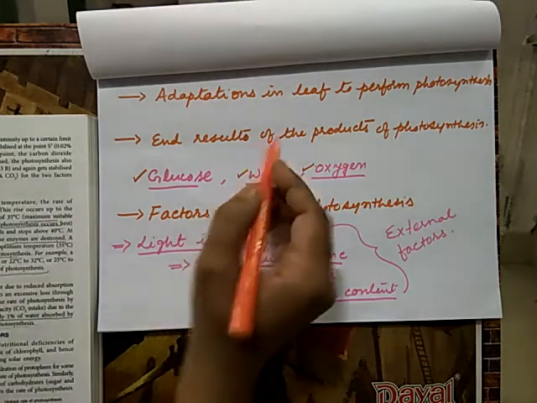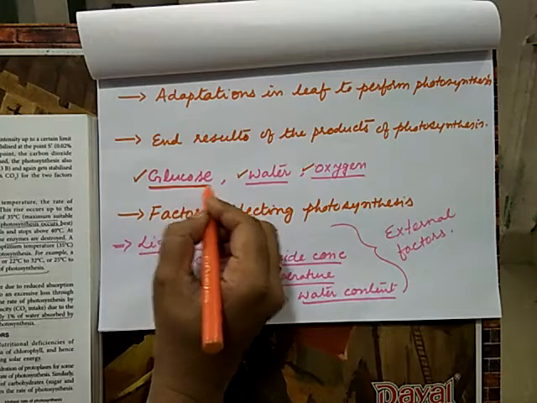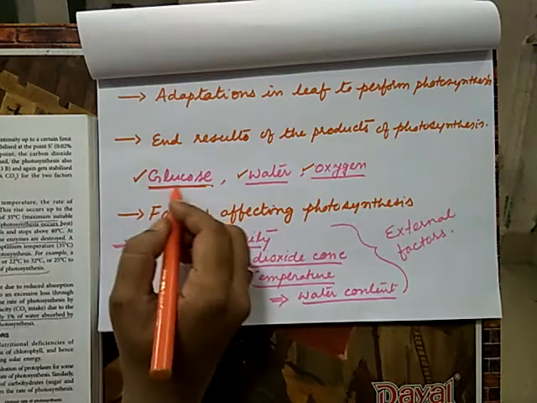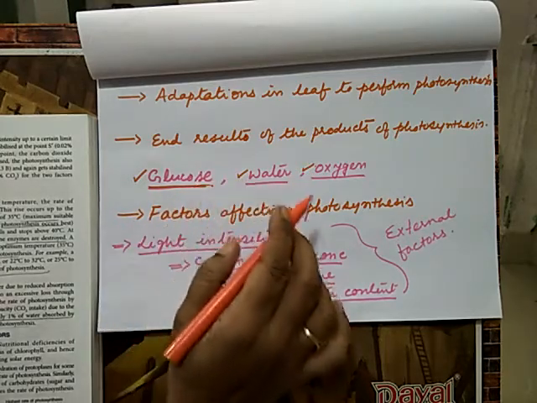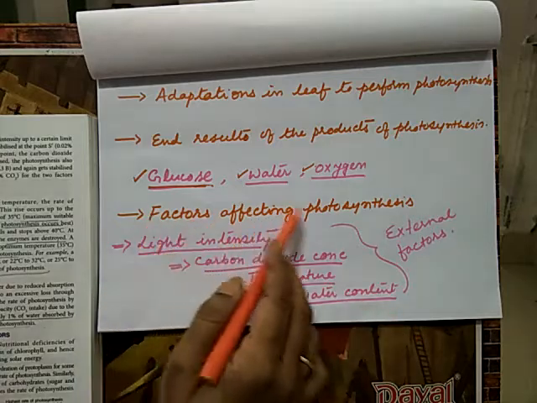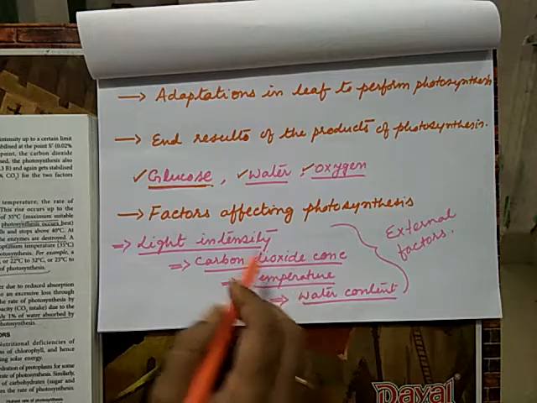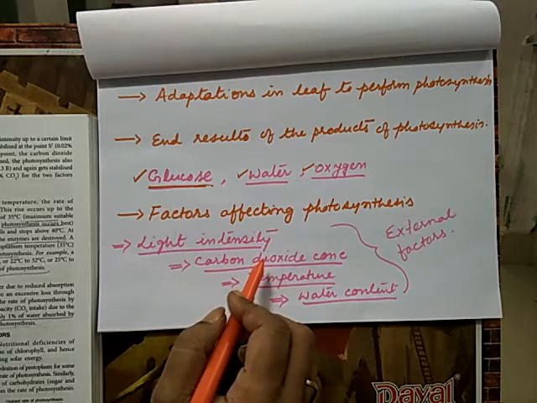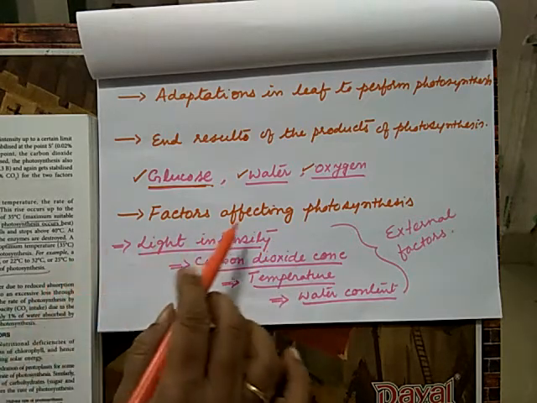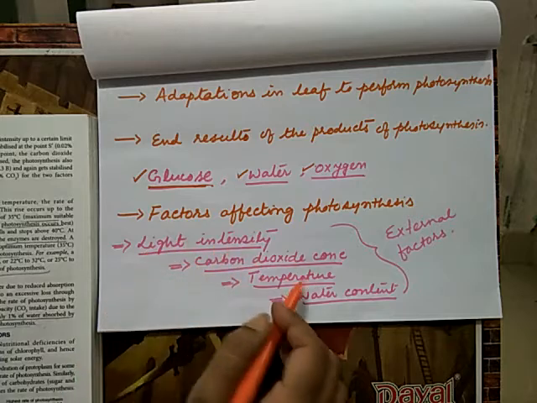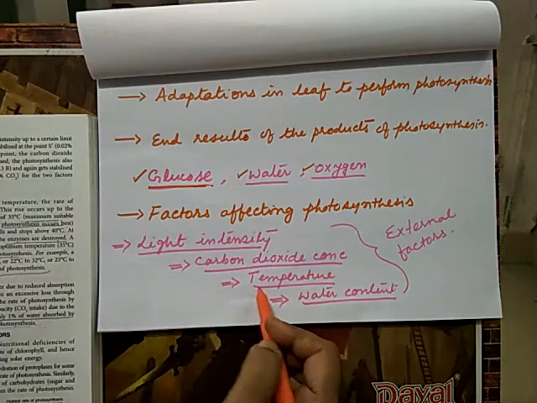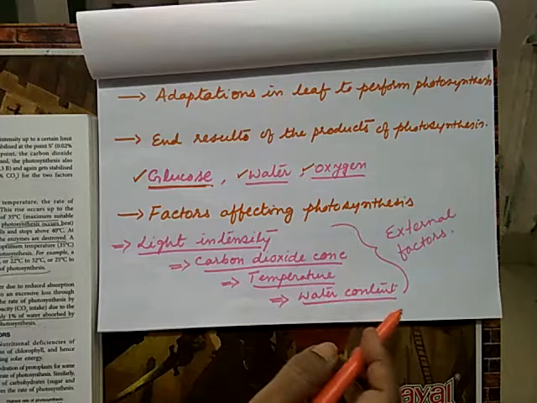The food that is formed is utilized in the plant body through the phloem cells, which is known as translocation. Factors affecting photosynthesis are of two types: external factors and internal factors. External factors are light intensity, carbon dioxide concentration, temperature, and water content.